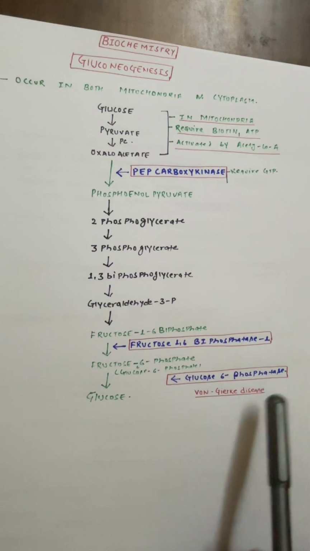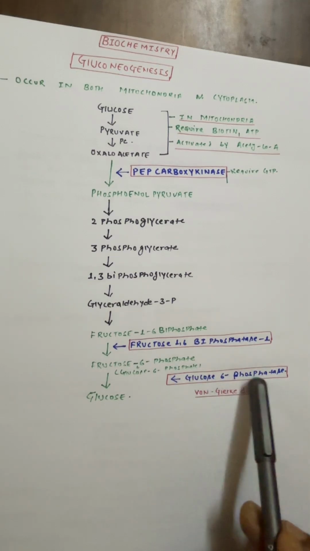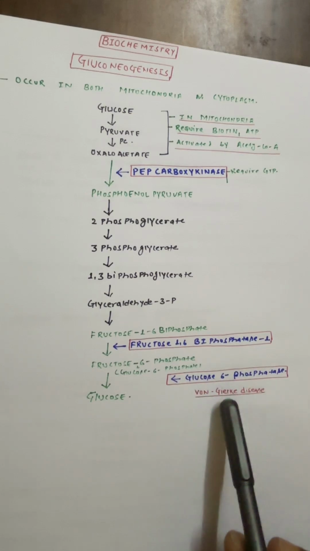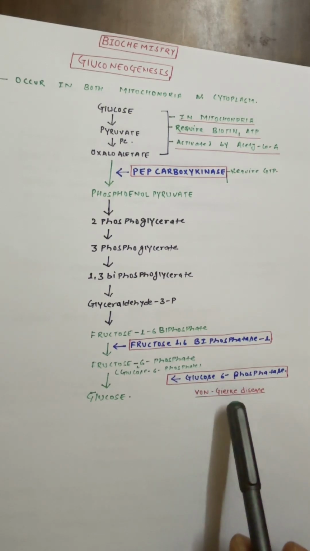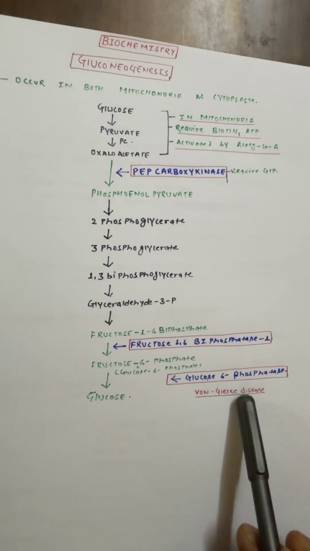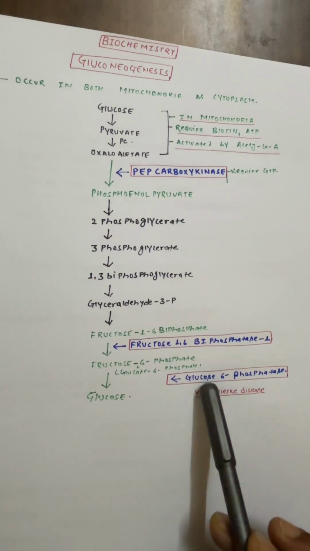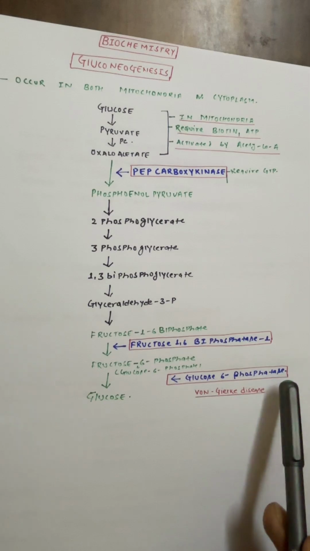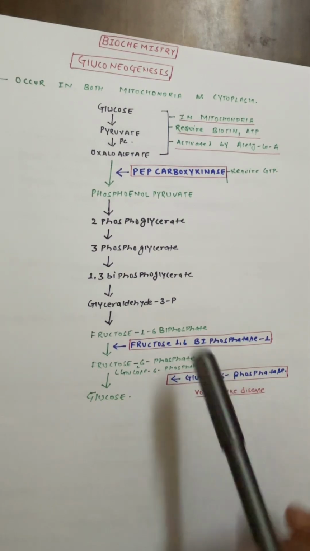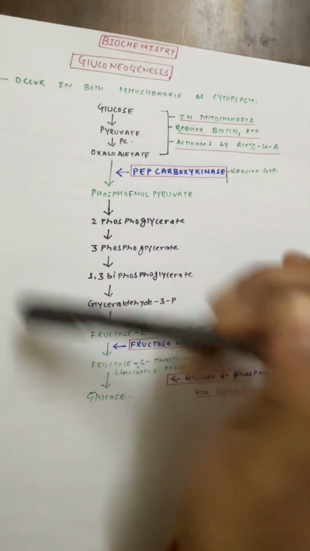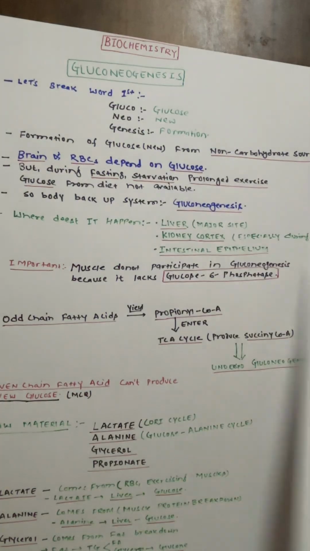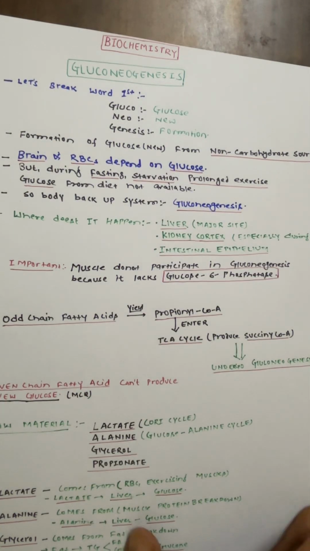If any person lacks this enzyme, he or she will suffer from von Gierke disease. This is a very important MCQ question. So this is all about the steps of gluconeogenesis, one of the very important topics in biochemistry.